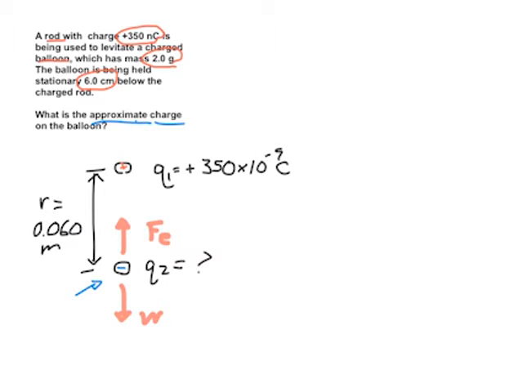So that's the first piece of the puzzle. As we're thinking about solving this problem, we can say that the charge on the balloon is definitely negative. Now, we're going to have to consider the relative magnitudes of these two forces that act on the balloon. The weight force is directed downward.